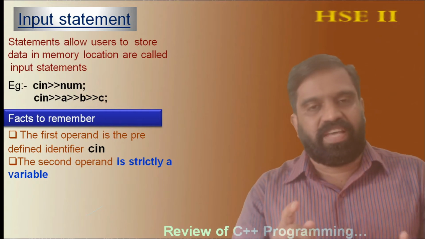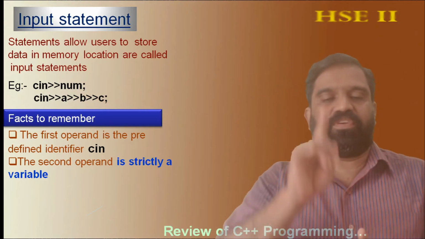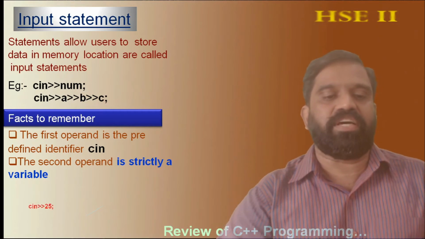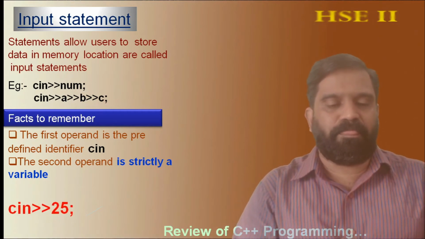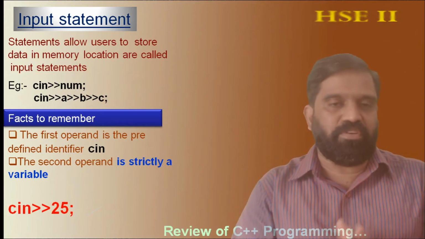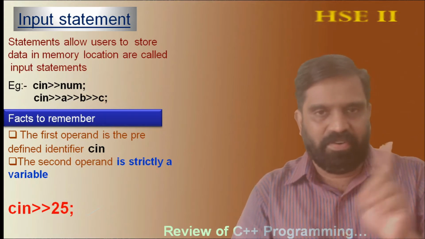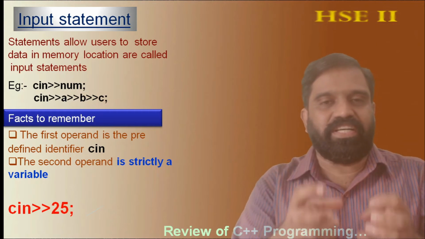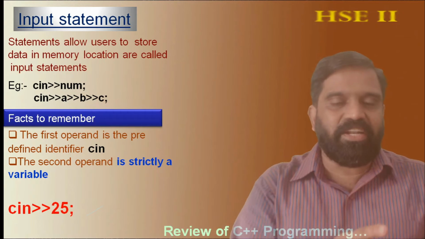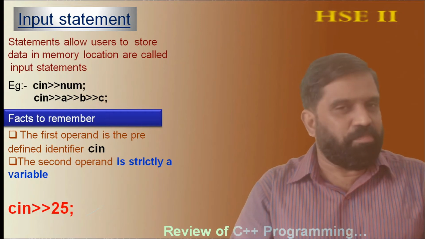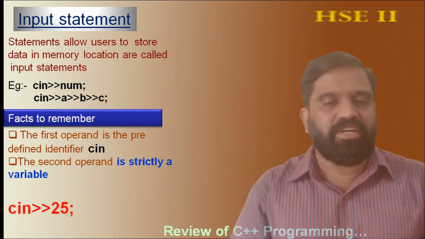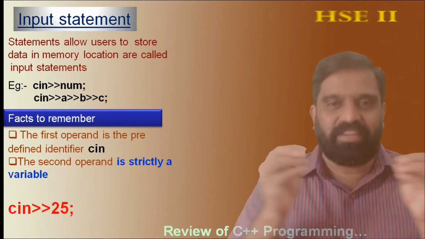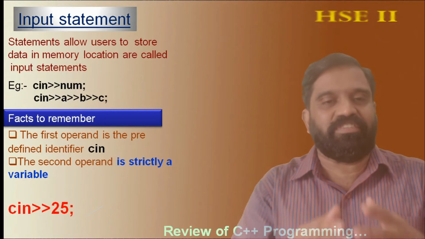That is why the second operand should be strictly a variable. So for example, cin input operator 25, is it correct? No, it is not at all correct, because the second operand should be a variable. Here 25 is not a variable, it is a constant. That is why we will get an error. That is the violation of the fact.